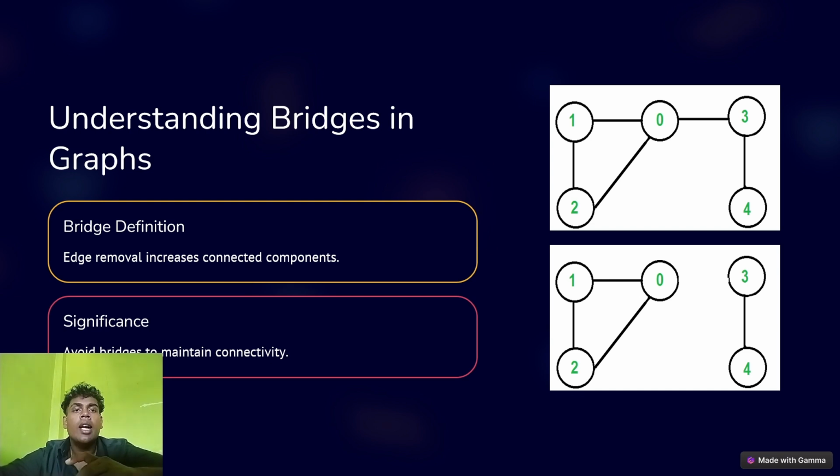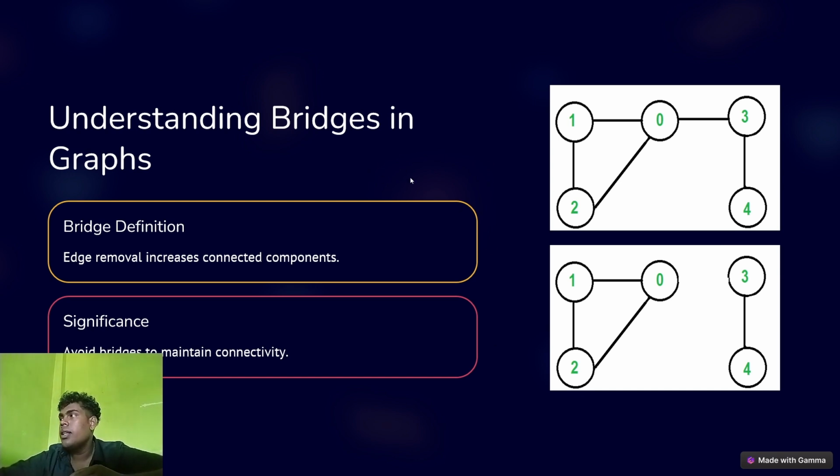That means we can't remove a bridge, because if we remove it, the graph is disconnected into two parts. So the bridge is an important concept in Fluery's algorithm. The algorithm avoids bridges unless no other choice is available. This ensures the path remains valid.